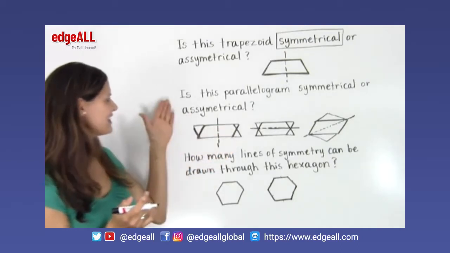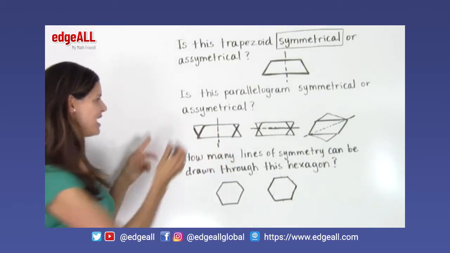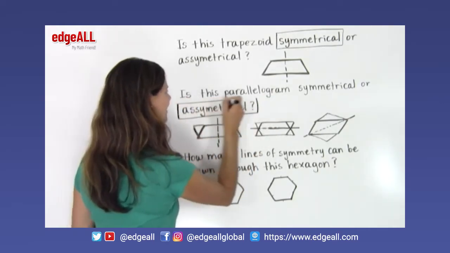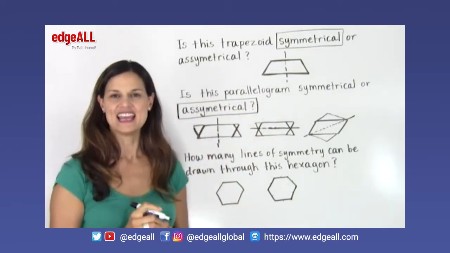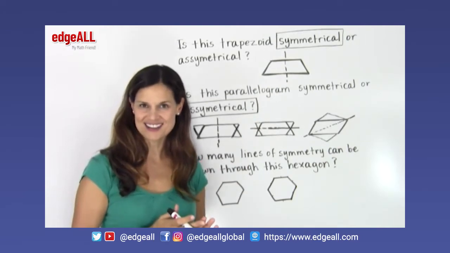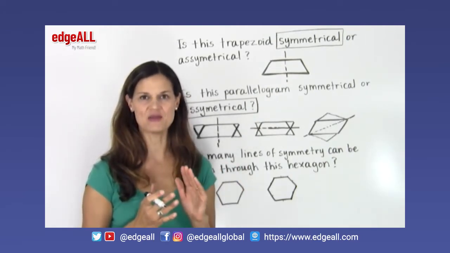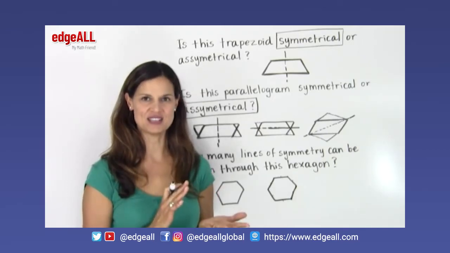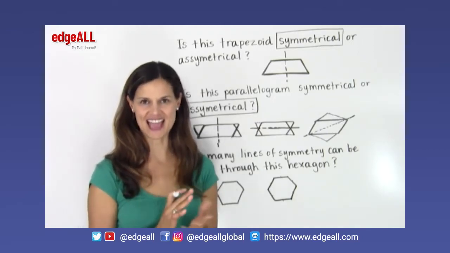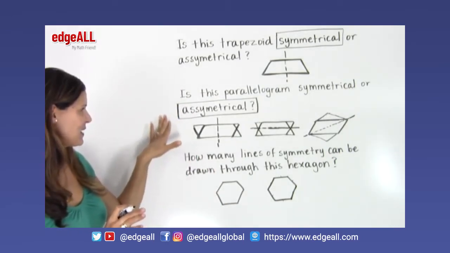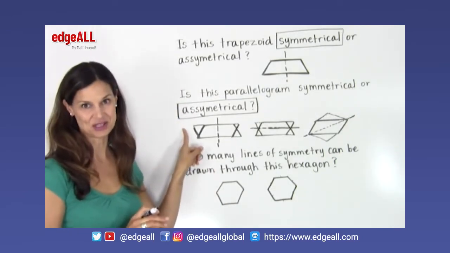And so, in the case of my parallelogram, this parallelogram is asymmetrical. I cannot find a line either vertically, horizontally, diagonally, or anywhere through the shape that would give me mirror images or reflections on each side of the line. So this answer here is the parallelogram is asymmetrical.